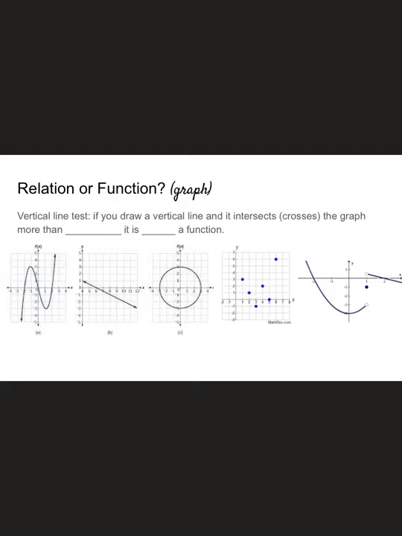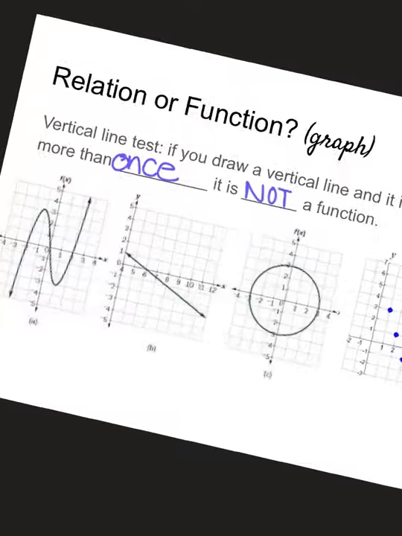And what that is, if you draw a vertical line and it intersects or crosses the graph more than one time, it is not a function. So if we've got more than one x, it's not a function when we draw our vertical lines, and vertical lines are up and down, remember?